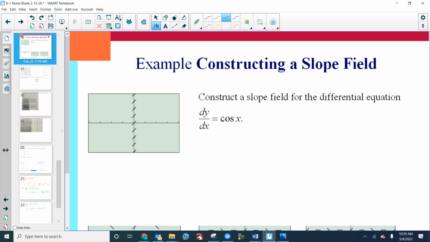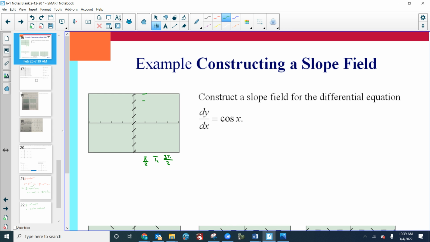Quick rewind. Here's cosine x. Here's 0. Here's pi over 2. Here's pi. Here's 3 pi over 2. Here we go. Cosine of pi over 2. When I plug in pi over 2, I'm going to sketch the slope. What's cosine of pi over 2? 0.